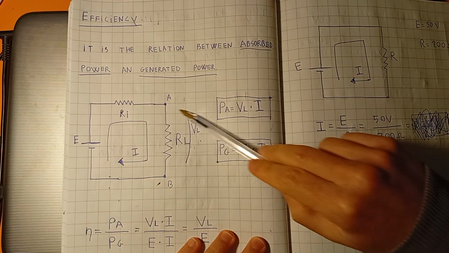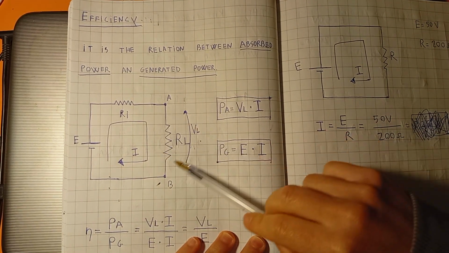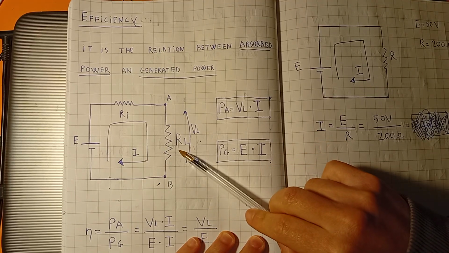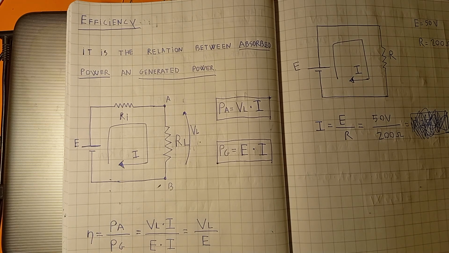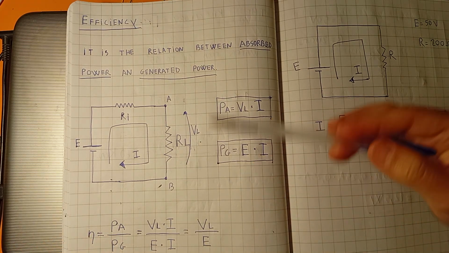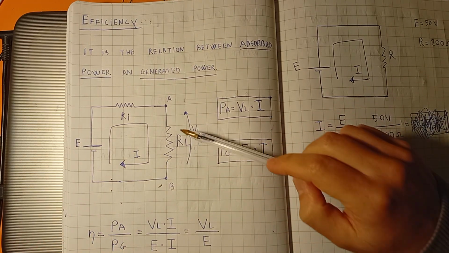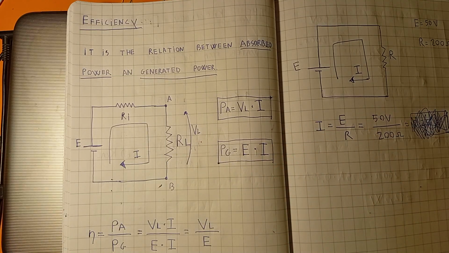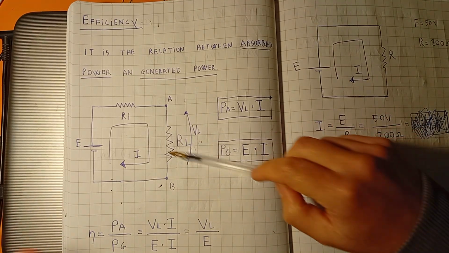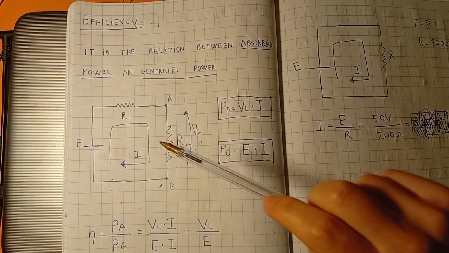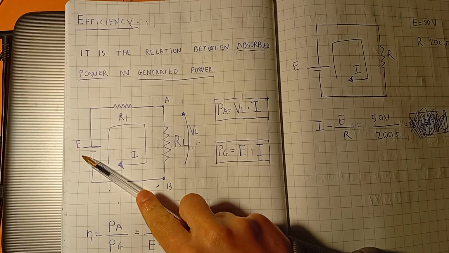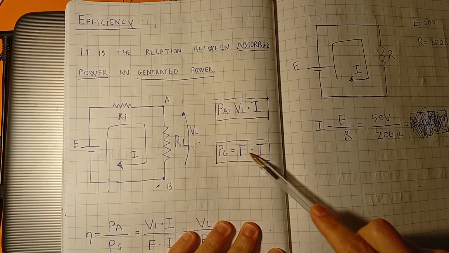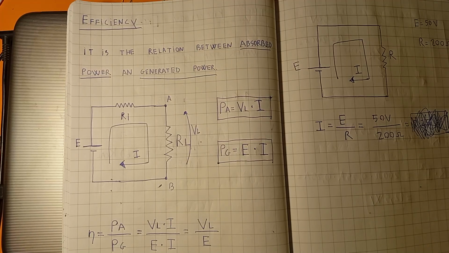If I multiply the voltage drop on the receiver by the current, this is the absorbed power, the power absorbed by the user, the receiver, the electrodomestic, the machine, whatever it is. And what is the power generated? The power generated is the value of the voltage source multiplied by the current.